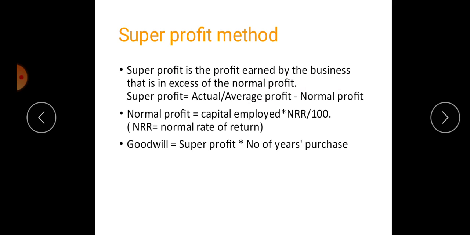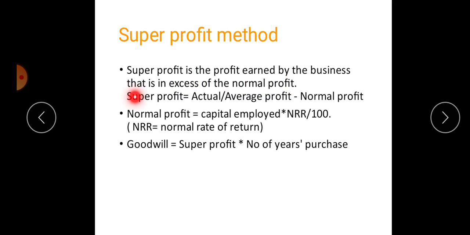Say generally in a particular industry the normal rate of return is 15%, and a particular industry is earning more than 15%, then that excess profit above 15% will be known as super profit. So super profit is the profit earned by the business that is in excess of the normal profit.